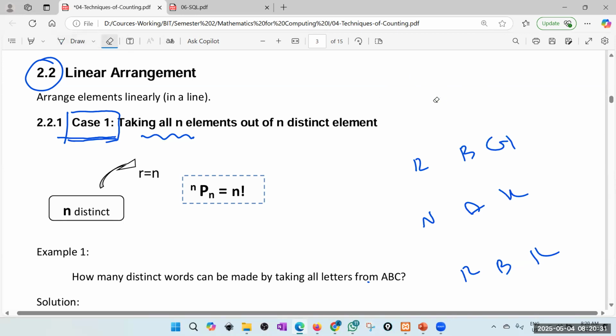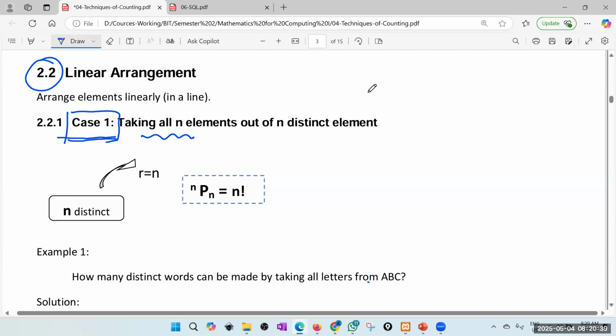Right. So let's assume we have n number of distinct elements. How many ways can we arrange those n distinct elements linearly? You can write it with the notation nPn.